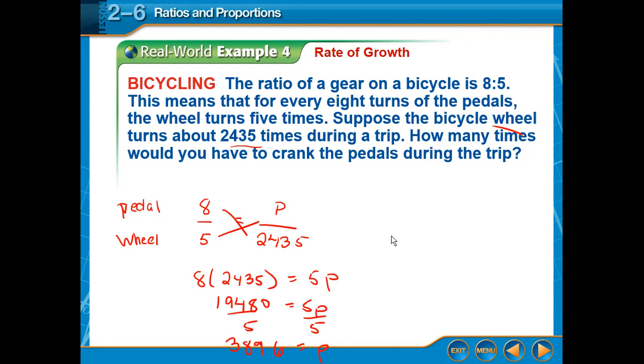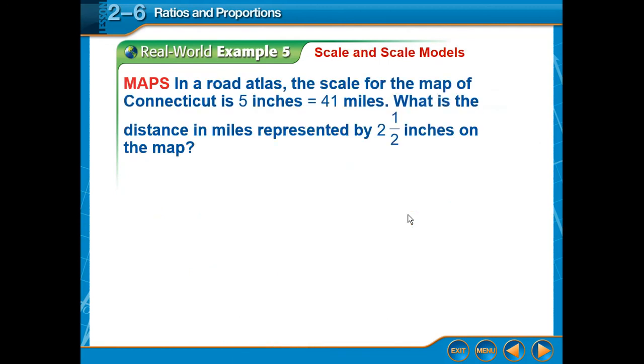So the pedal will have to turn 3,896 times in order for the wheel to turn 2,435 times.